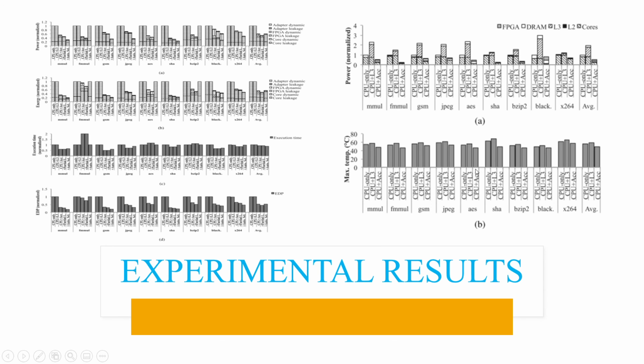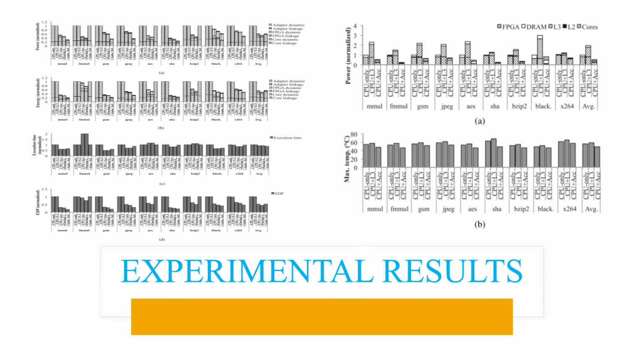This figure shows the comparison of maximum temperatures. We can see that the maximum temperature of CPU plus ACC is much lower than those of both CPU only and CPU plus L3. On average, the maximum temperature of CPU plus ACC is 49.7 degrees C, which is 6.4 degrees lower than that of CPU only and 9.5 degrees lower than that of CPU plus L3.